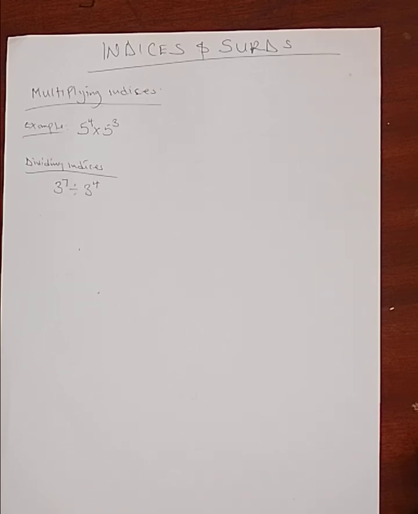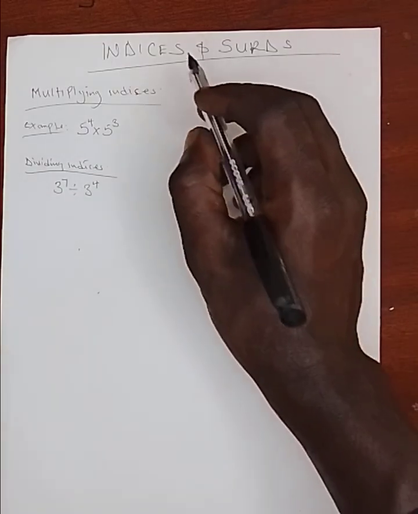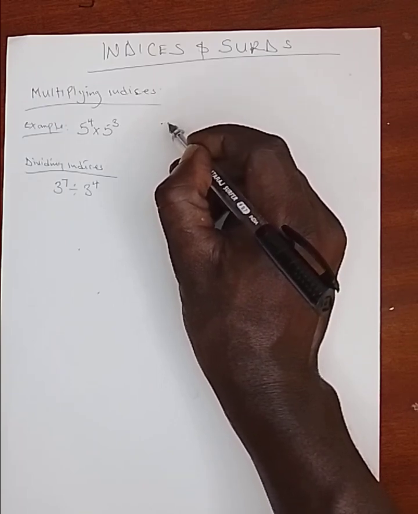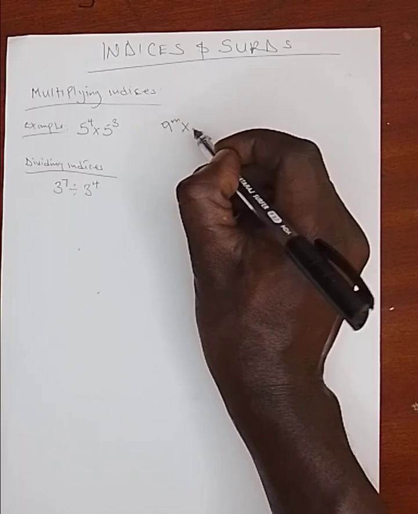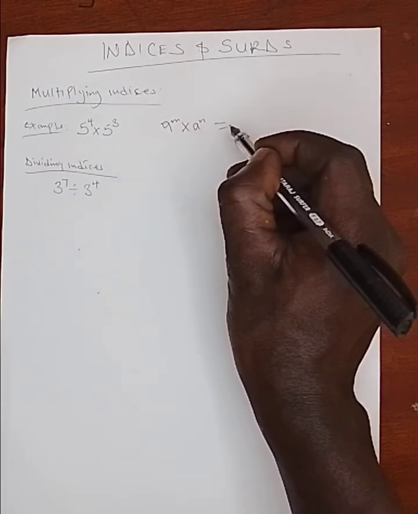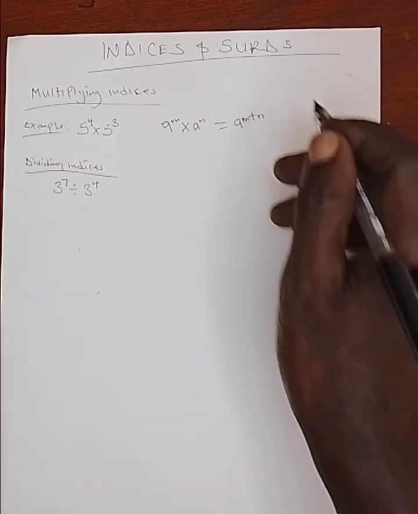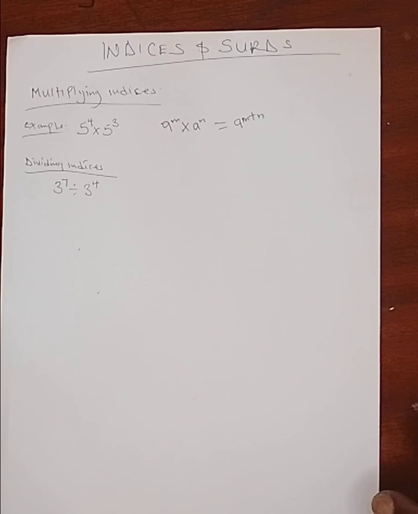First, to multiply numbers in index form where the base is the same, you add the indices. If you are given a power m times a power n, it is equal to a power m plus n. That's the first rule when dealing with multiplication of indices.